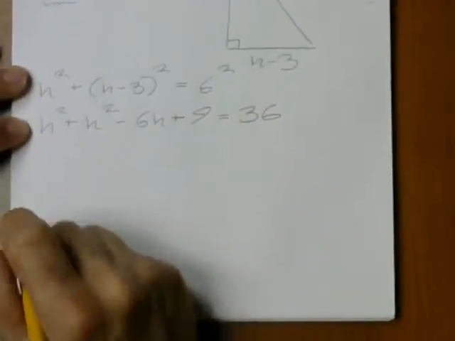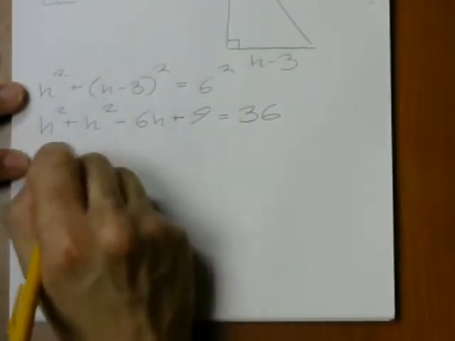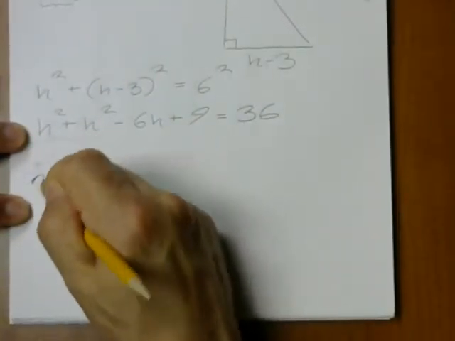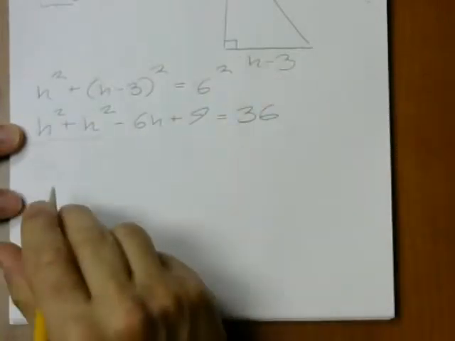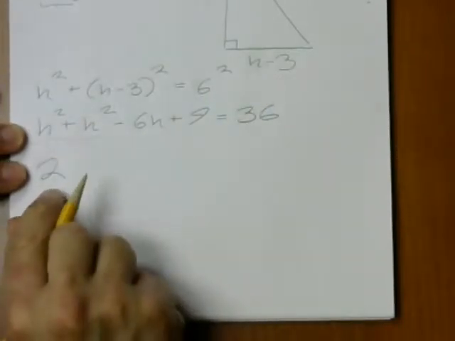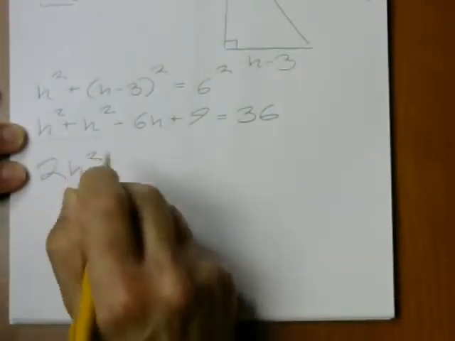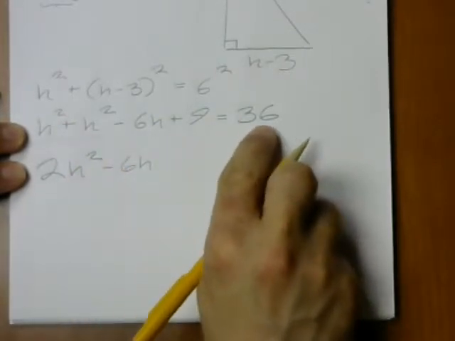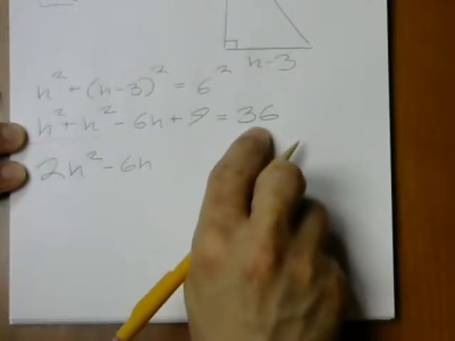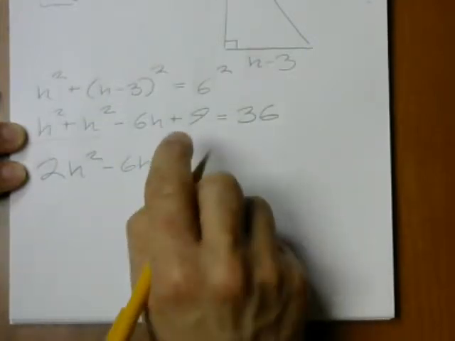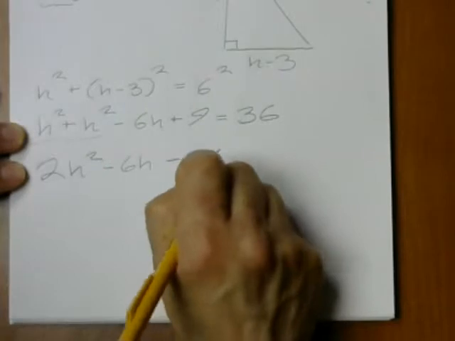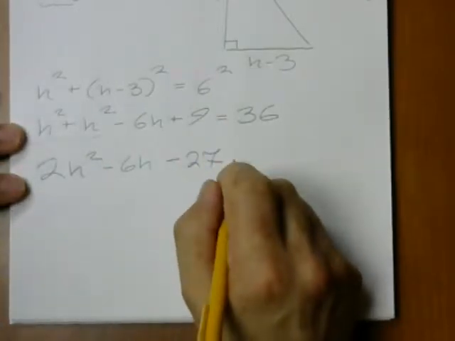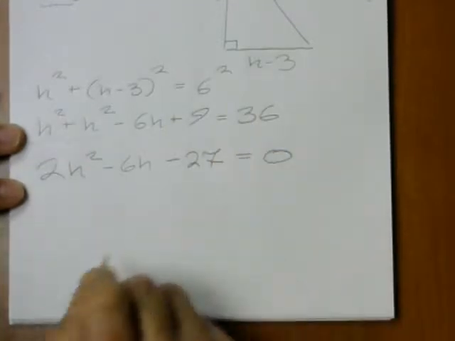So what I might want to do is move everything over to one side and combine. I'll combine these two h's. H squared plus h squared is not h squared, it's equal to 2h squared. And we get minus 6h. And then we have 9 minus 36. That's going to give me 27, but it's negative because we're subtracting the 36 from the 9. And that's equal to 0.